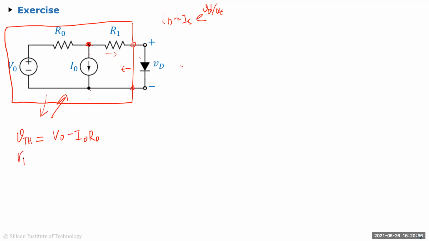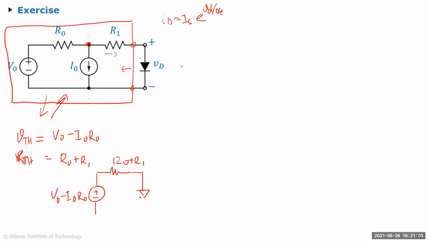And then what's RTH? RTH: you open this, you short this, and obviously that's R0 plus R1, right? Now you can apply this. So VTH is equal to V naught minus I naught R naught, and RTH is R0 plus R1.